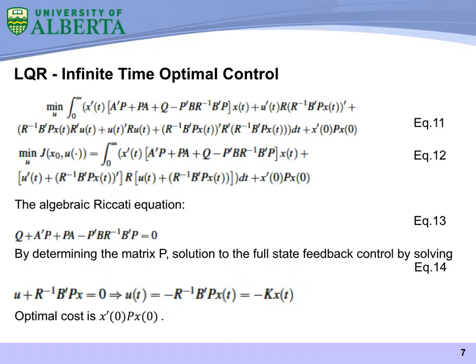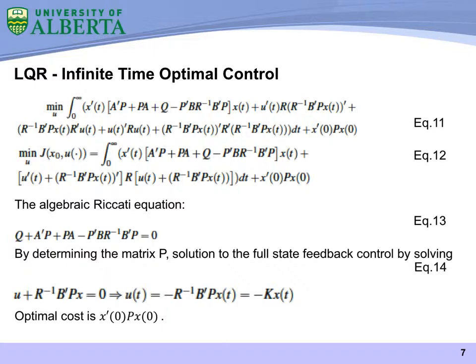In other words, we rewrite this as follows: a term that has x transpose and x, a term that has u, and everything else. So I'm saying if this term and this term are 0, the only cost is x transpose 0 P x.